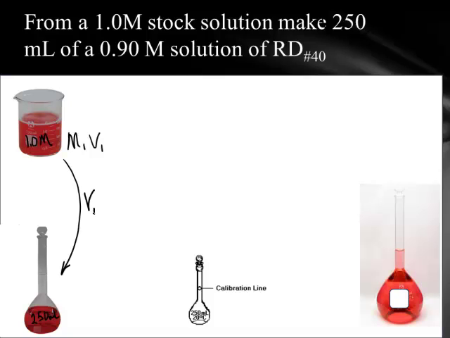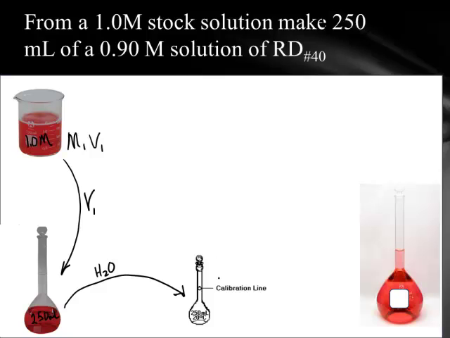We're going to calculate V1. How much of this are we going to add to this flask? Once we have done that, we'll fill this up with water. How much water? Well, enough water to bring this to 250 milliliters of solution. That's the calibration line on the volumetric flask.